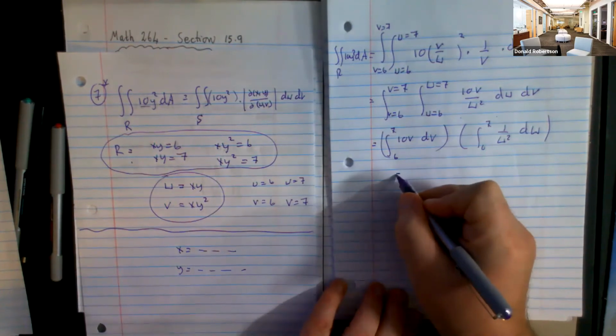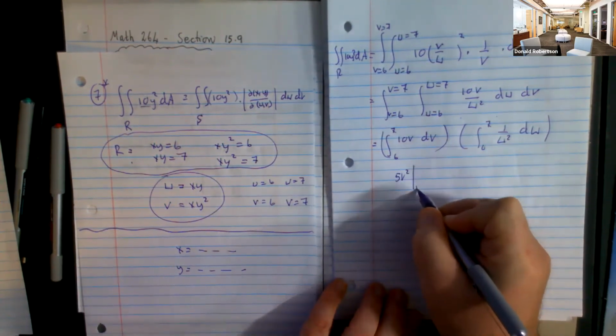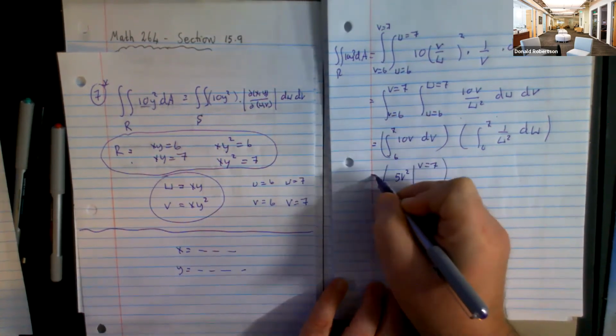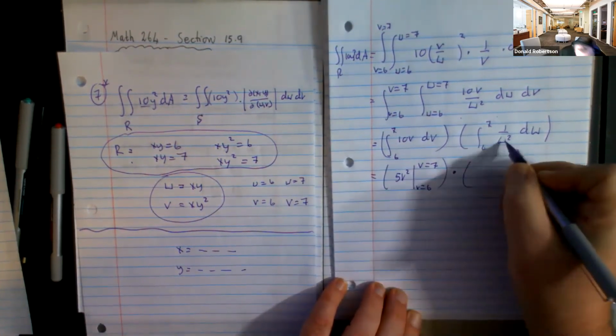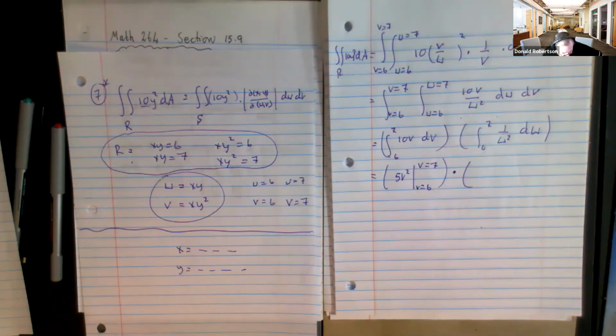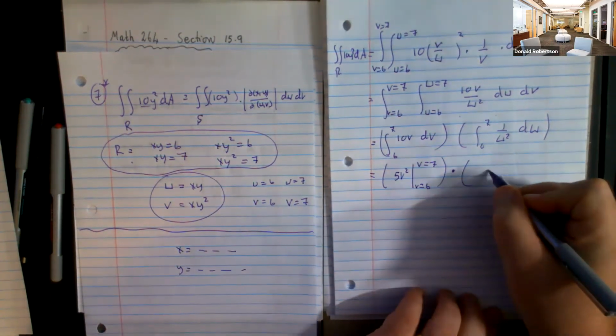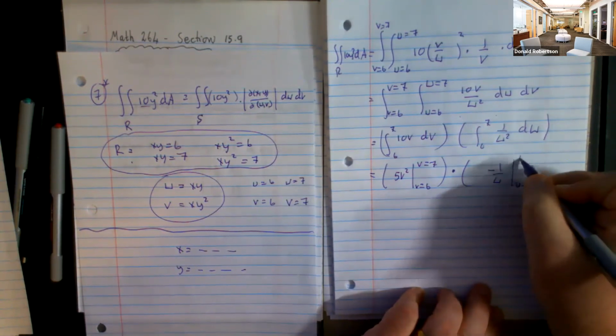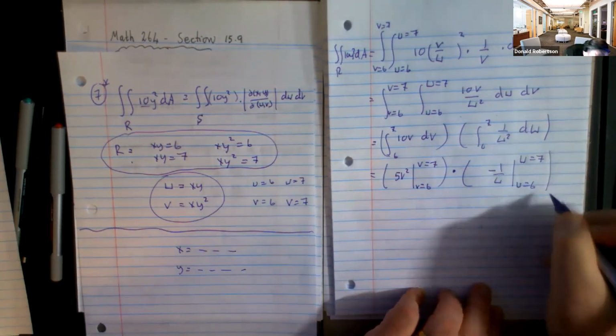This guy is 5v squared, evaluated at 6 and at 7. And this guy, well, if you call it u to the -2 and you add 1 to its power, you get -1 over u. And you're going to evaluate it at 6 and at 7.